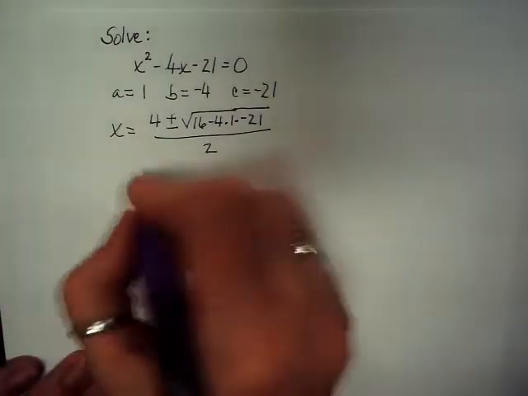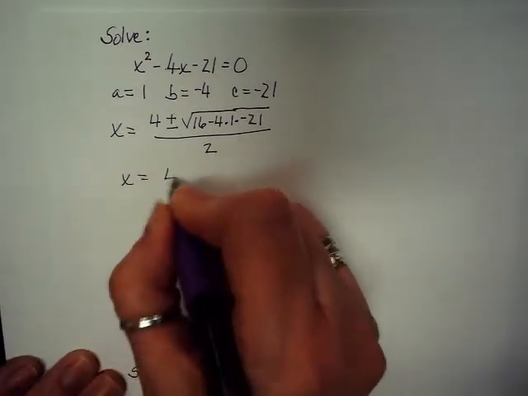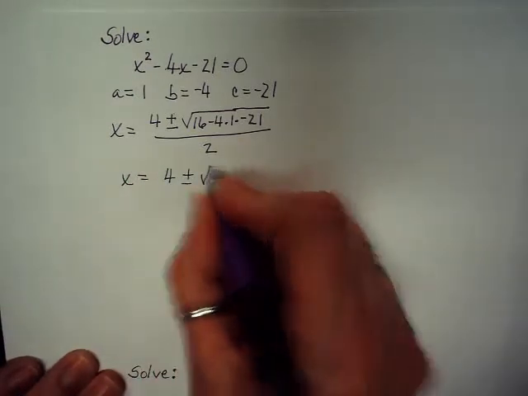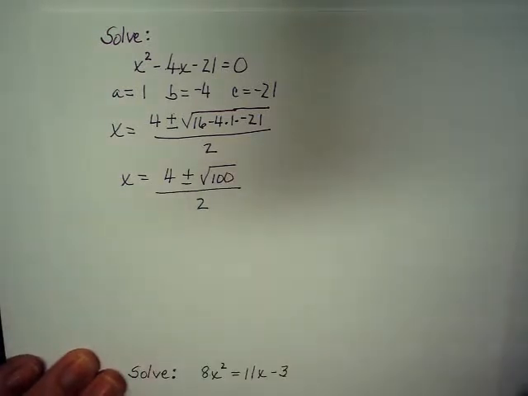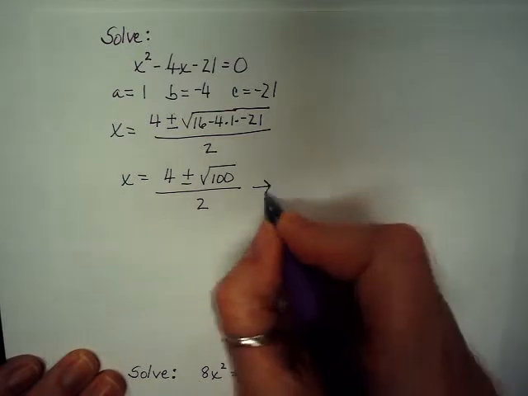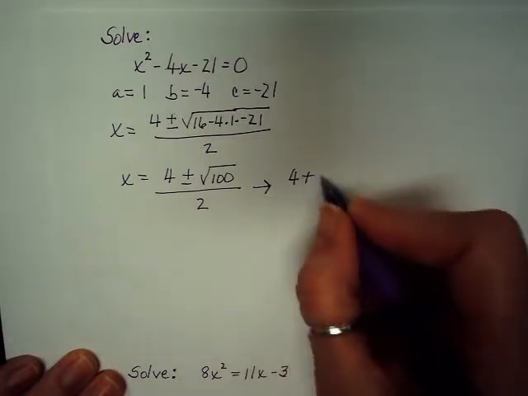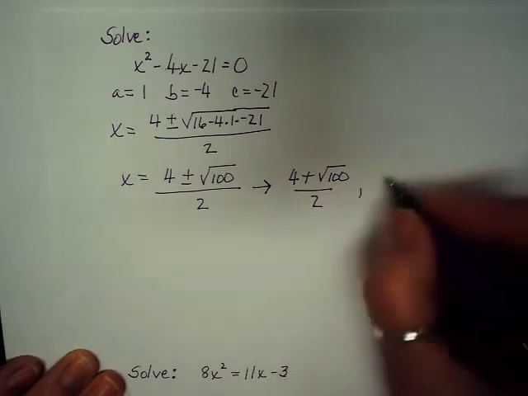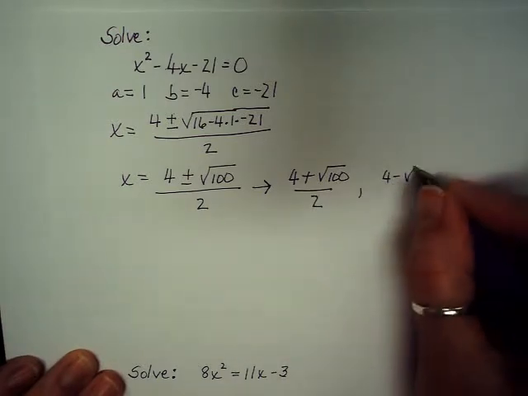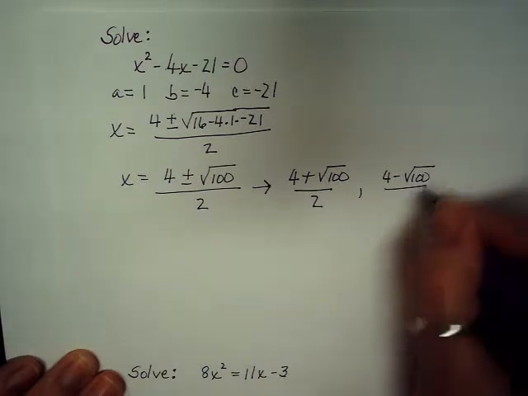So x equals 4 plus or minus the square root of 100, all divided by 2. Now you should be able to finish this in your head, because your first answer is 4 plus the square root of 100 divided by 2, and your second answer is 4 minus the square root of 100 divided by 2.